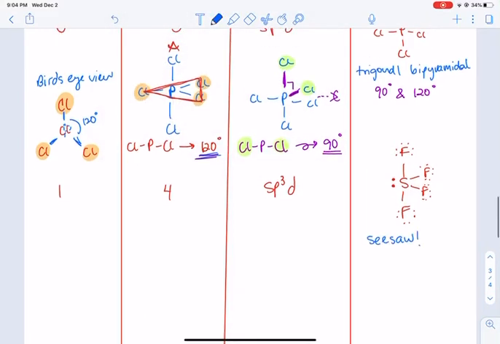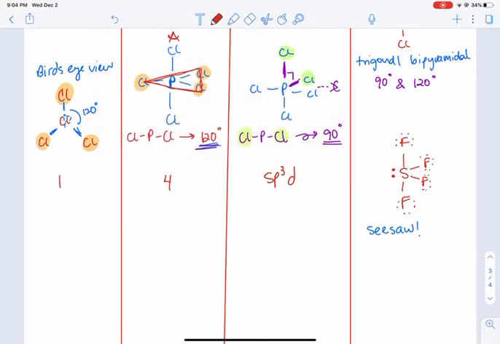So this would be called seesaw. The reason we call it seesaw is literally because it looks like a seesaw. So we've got the sulfur and four fluorines. This fluorine is coming out of the screen, towards your eyes. This other fluorine is going into the computer screen, away from your eyes.